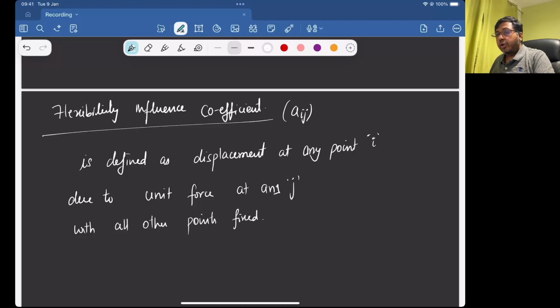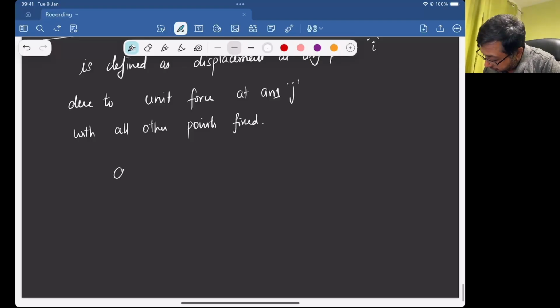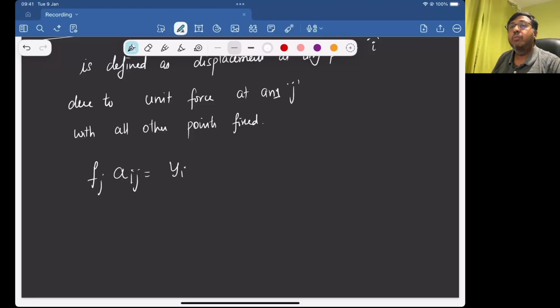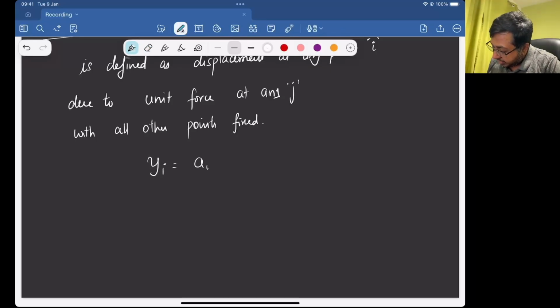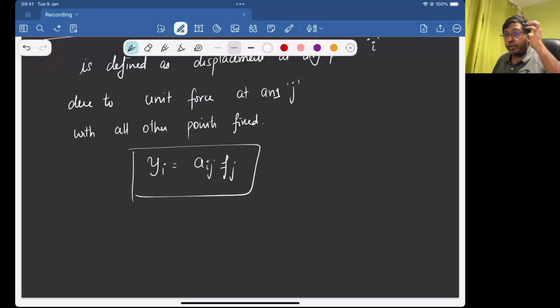So essentially we're saying the opposite. If I had applied a force, what would be the displacement, right? Or Aij can be defined as the displacement per unit force. Or let's write it more correctly: Yi is Aij into Fj, right?